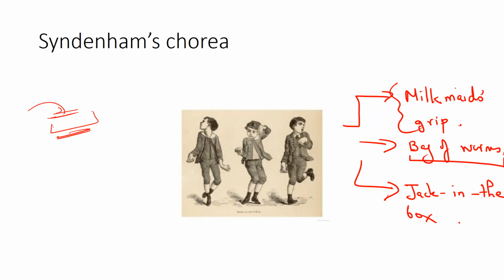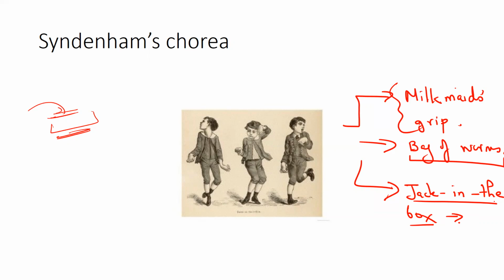Then the jack in the box sign. You tell the patient, come on, protrude your tongue out. The patient will take the tongue out and immediately pull it back. It retracts involuntarily, he doesn't do it voluntarily. That is what is called the jack in the box sign.